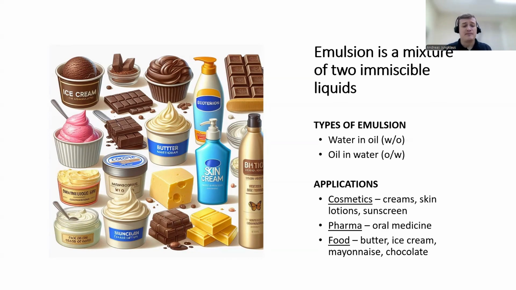So in paint, this would typically be water and oil, two liquids that don't mix. And depending on which is the continuous phase and which is the dispersed agent, the emulsion can be either water in oil, the more common type, or oil in water.